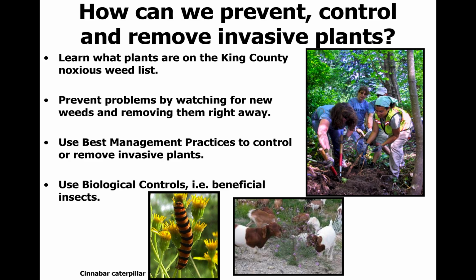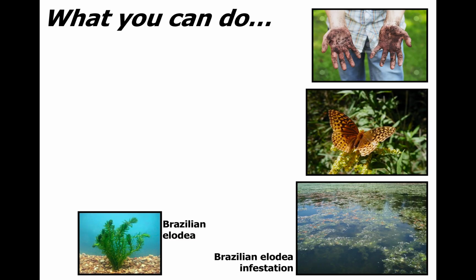And there's also kinds of biological controls, like beneficial insects, which will preferentially feed on specific plants or help keep your ecosystem in check. We only talked about land plants, but there's a lot of noxious weeds that are water plants, and we're only talking about invasive species that are plants, but there's a ton that are animals as well.